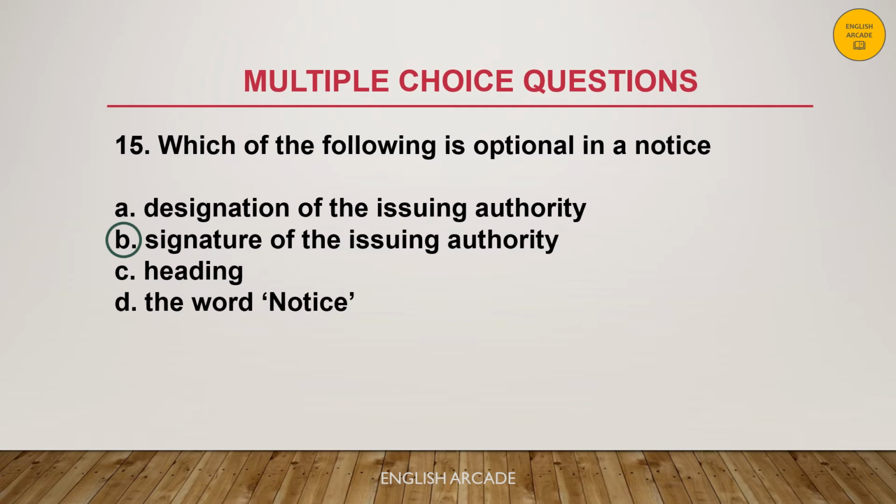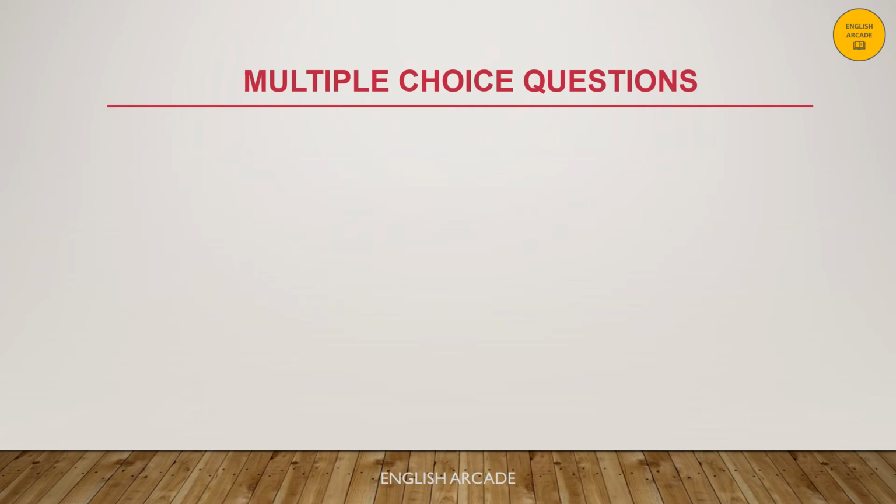Now, signature of the issuing authority is optional. You may put the signatures there or you may leave it. But writing the designation, the heading, and the word notice are mandatory. So B, signature of the issuing authority, is the correct answer.